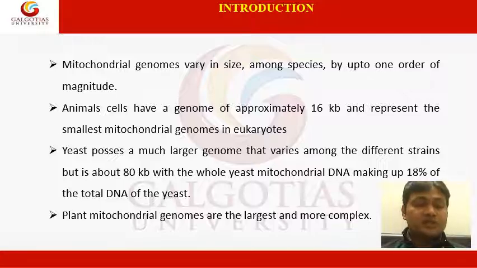Yeast is a eukaryotic cell and the size varies among different strains, but the mitochondrial genome in yeast is about 80 kilobase pairs, and it makes up about 18% of the total DNA present in yeast. Plant mitochondrial genomes are the largest type of mitochondrial DNA in eukaryotes, and they are more complex than those of animals.